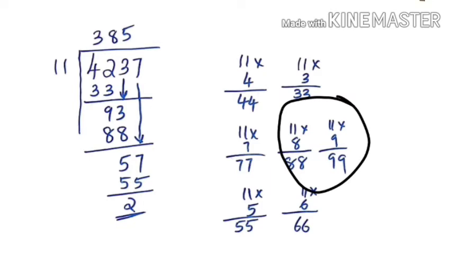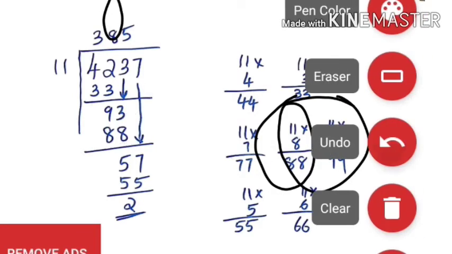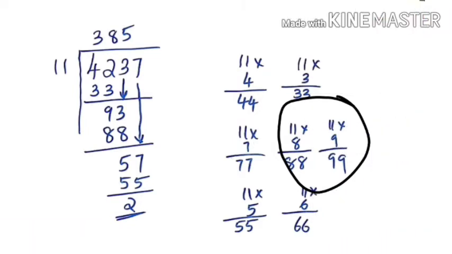So take a number just below 93, that is 88. 11 into 8 gives you 88. So write 8 on the top. 8 into 11, 88. Now subtract 88 from 93, that is 5.